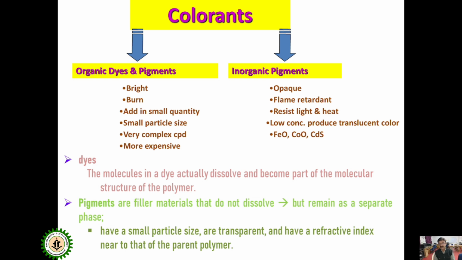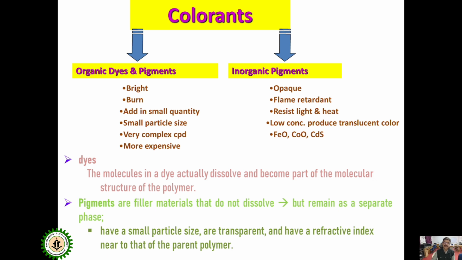So the coloring ingredients are to be incorporated during the compounding process before giving the final shape of the product. Colorants are either organic dyes or pigments, or inorganic pigments. They have different characteristics, so depending on the characteristics of the polymeric material, you have to select particular pigments or dyes.